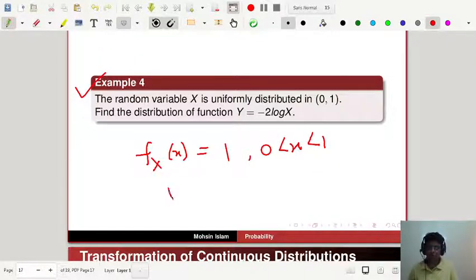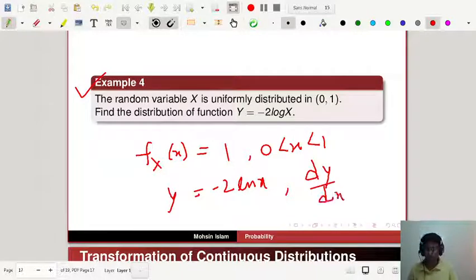In real variable it is y equal to minus 2 ln x, right? And what is your dy/dx? Dy/dx will be minus 2 by x, and this is negative for every x belongs to 0 to 1. For every x belongs to 0 to 1, let me add a page here.